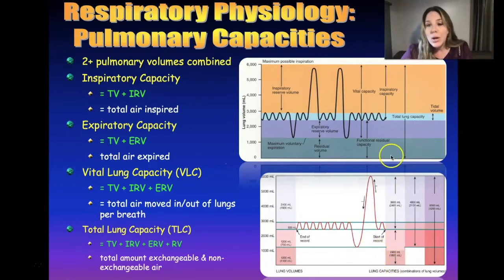So when you add all those together, you can see that the vital lung capacity is going to range from about 3,100 milliliters up to about 4,800 milliliters. And your total lung capacity is going to range from about 4,200 milliliters on up to about 6,000 milliliters. So recall that females on average are going to be at the lower end and males on average are going to be at the higher end.